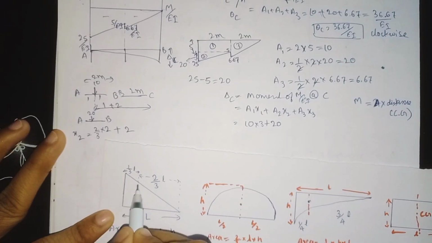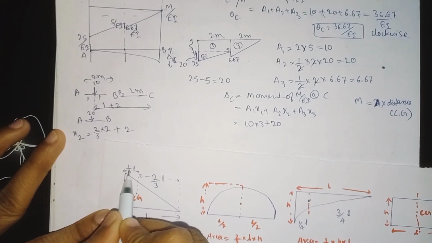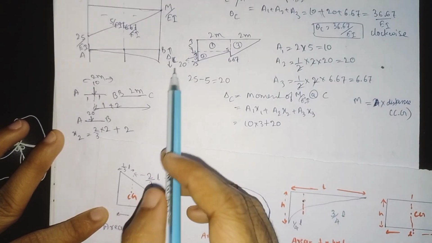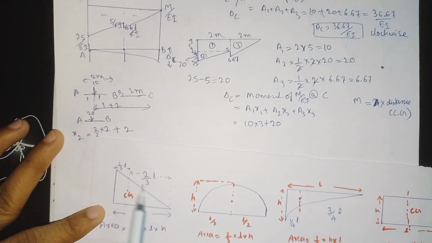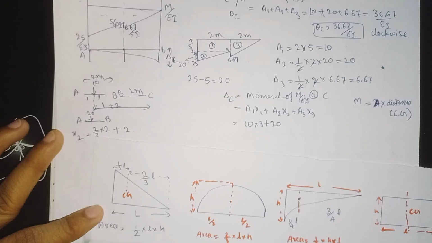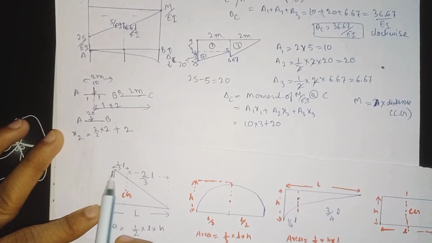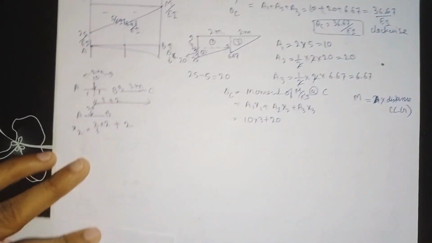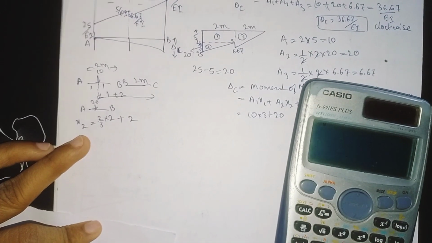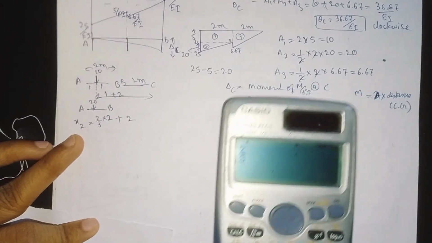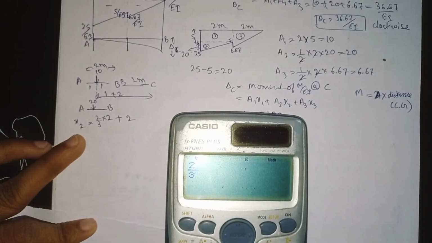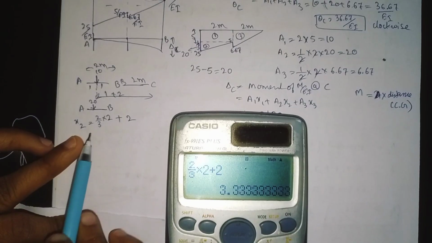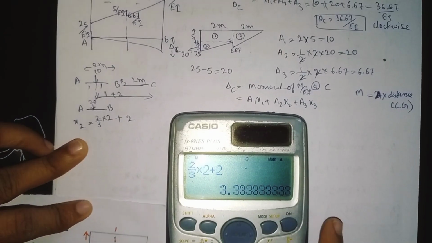To find the distance from here to here, we have the formula 1 divided by 3 into L. Now we want the distance from here to here because we need to find the deflection at point C, that's why we are taking the formula 2 divided by 3 into L. So now solve it: 2 by 3 into 2 plus 2, our x2 value will be 3.33.